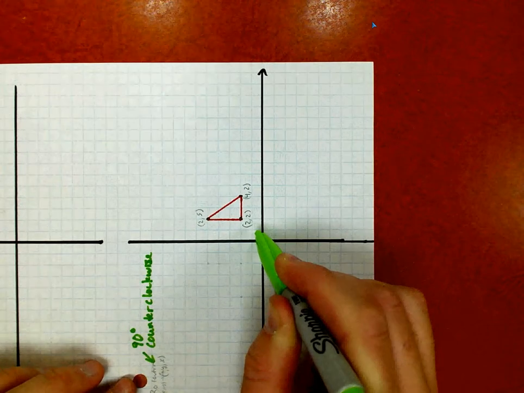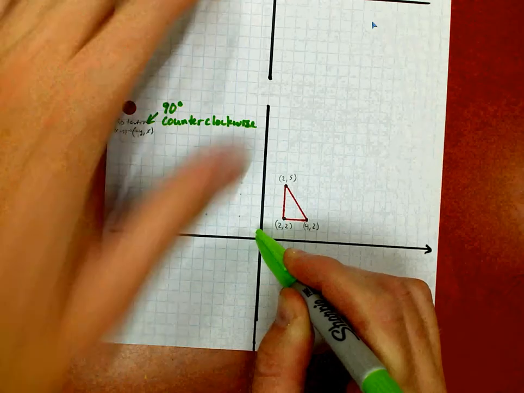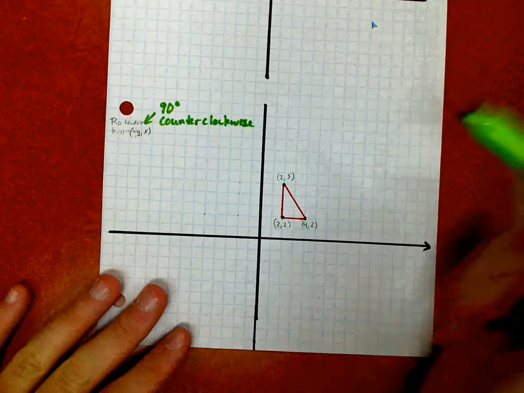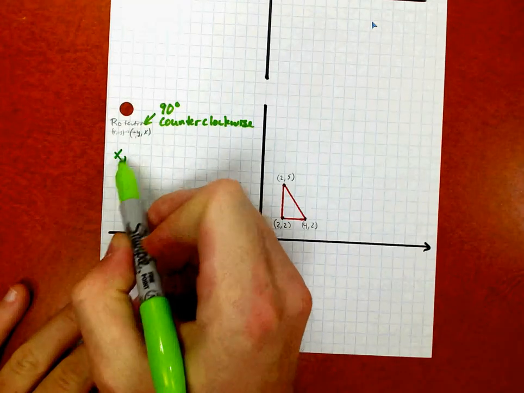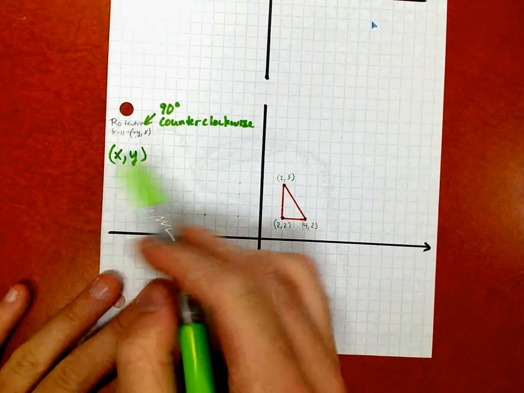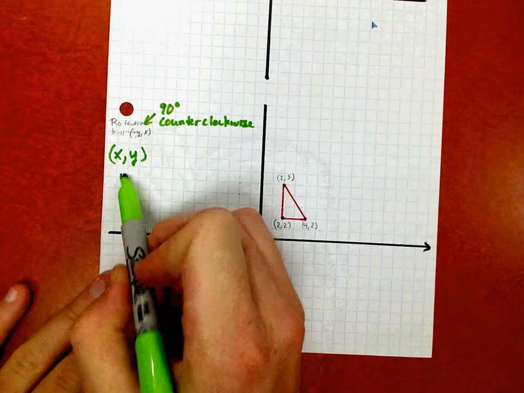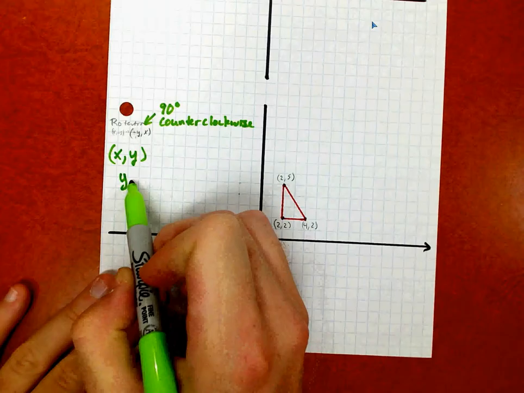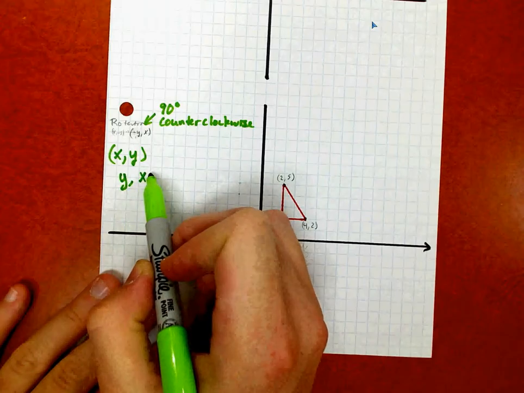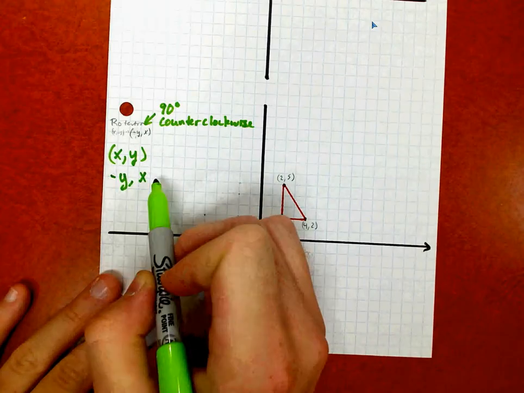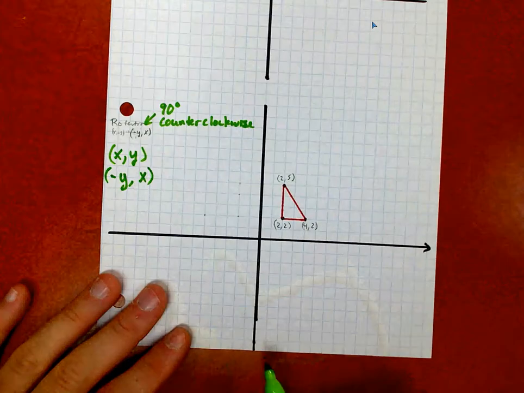But how do we actually do that without turning the paper? We simply take every x, y coordinate and flip x with y. The y value becomes the x value and the x value becomes the y value. But we also make the y value become opposite.